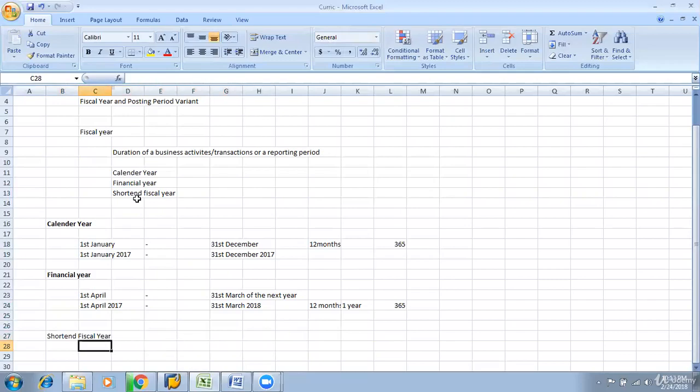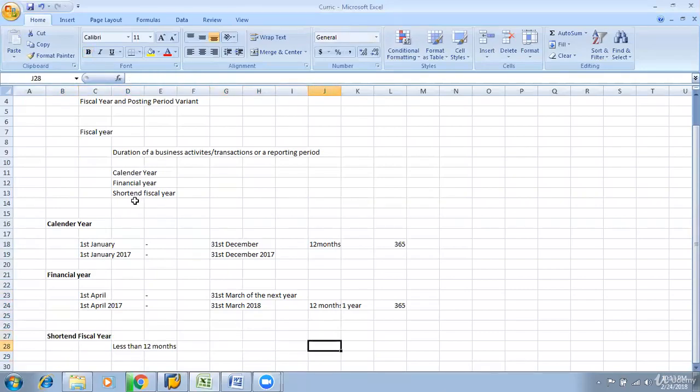Here, the fiscal year, maybe calendar or financial year, doesn't matter, but it has less than 12 months. Any duration of a business having less than 12 months is a shortened fiscal year. Clear?